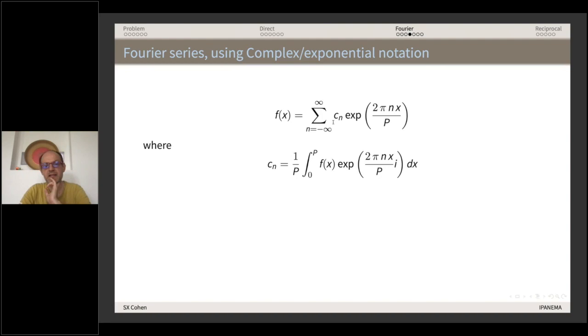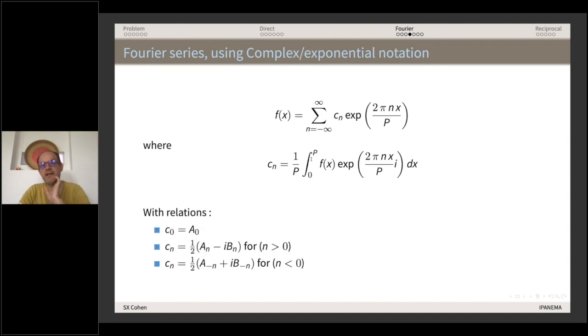And basically, this means that we still have the same scalar product, which is the integral over a period of 1 over p times the integral. And we have an orthonormal basis of the periodic functions, which is exponential of 2 pi n x over p times i. So this is the basis, and we project f on this basis.